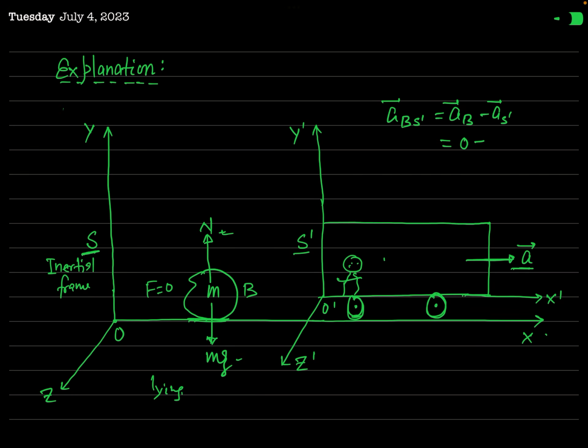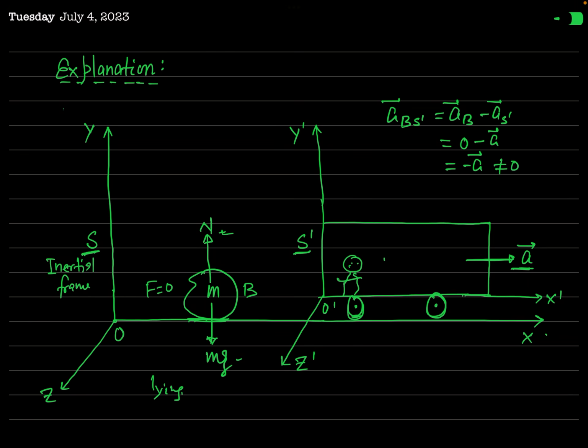And AS dash is the acceleration of frame S dash with respect to ground, or with respect to S, because S is already ground. We have assumed that this is A, so AS dash is equal to A. So you can say that acceleration of body B with respect to frame S dash is minus A, and so it is not equal to 0.